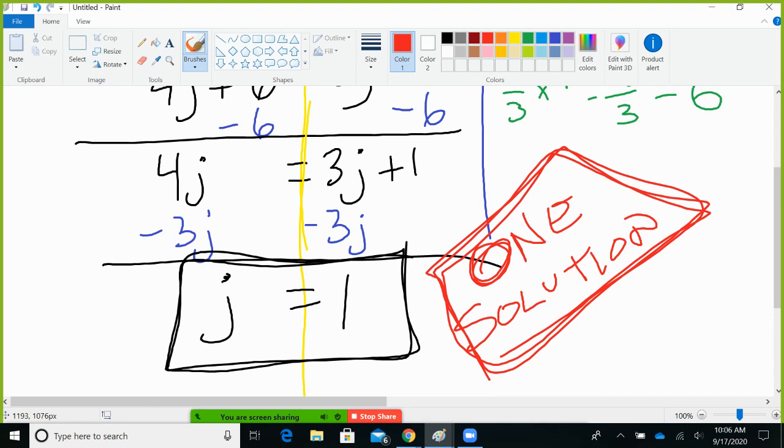Ding! So that's 1.3. So hopefully you guys have 1.3 all dialed. Any other questions from 1.3?